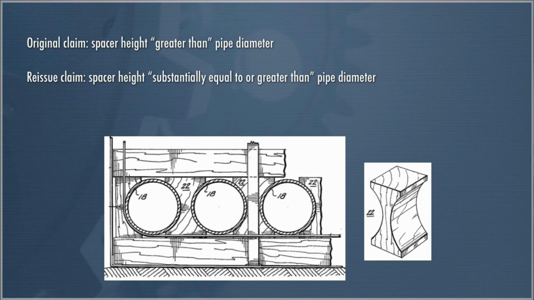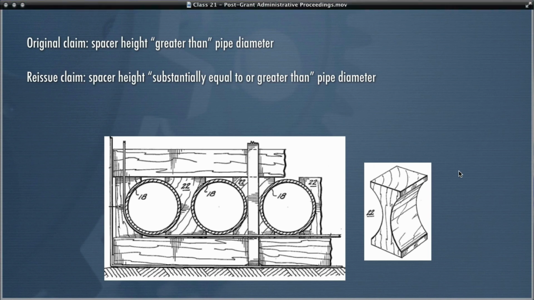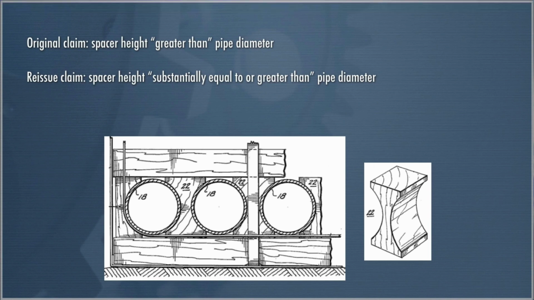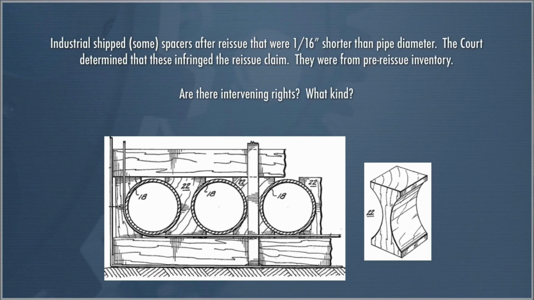A spacer height was substantially equal to or greater than the pipe diameter, right? And so the question is, so that's what happens. Industrial, the accused infringer, shipped some spacers after reissue, right?